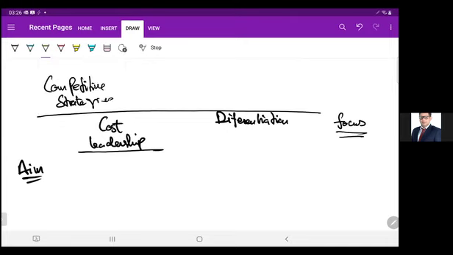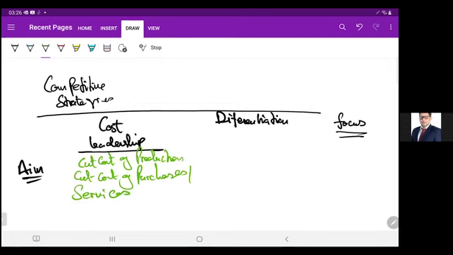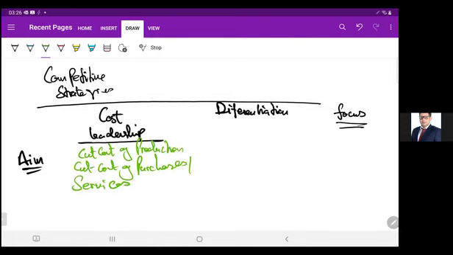The aim of cost leadership is to cut cost of production, cut cost of purchases, or you can say services, and in turn cut selling price. Now, what is the aim of differentiation?